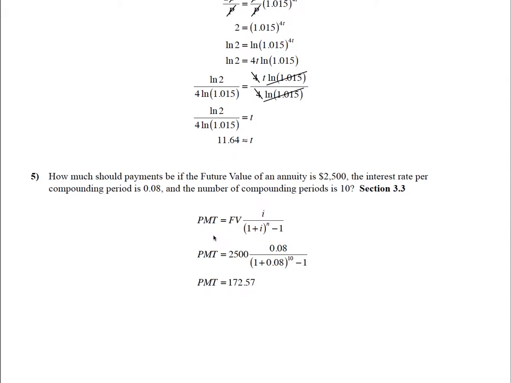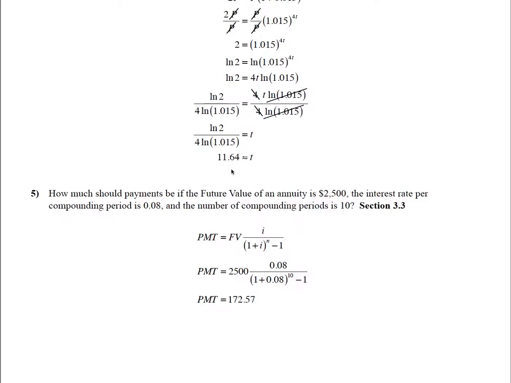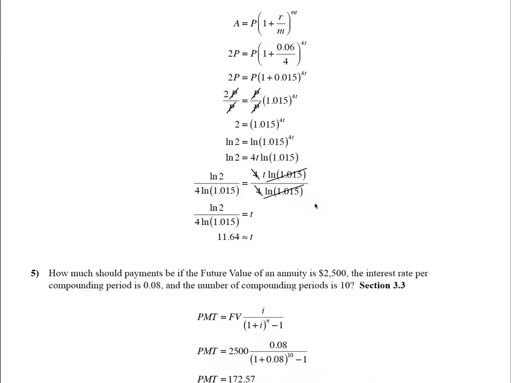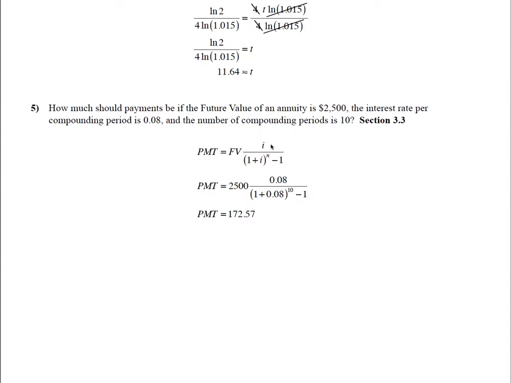For number 5, we use this formula here. Payment equals future value times I, which is the rate per compounding period. So that's already given. You don't have to divide as you did in question 4. So that's already given.